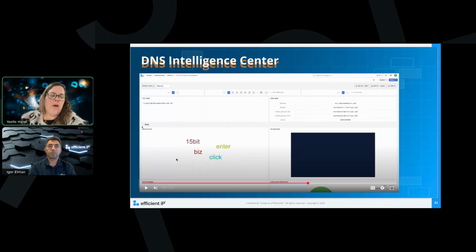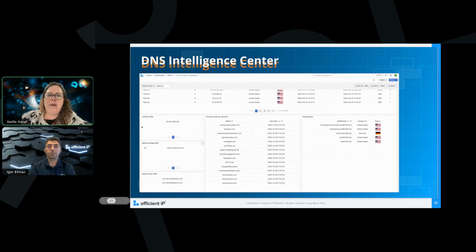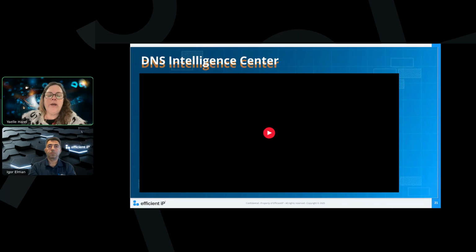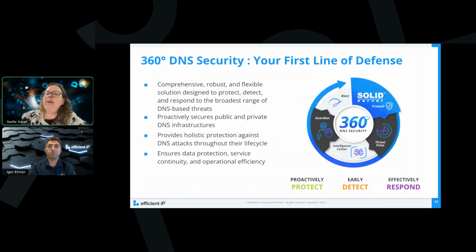If there is a web interface for the domain, you will have an analysis of the top words that you see in the domain, which helps you understand how malicious or suspicious this domain is. And you have a screenshot. In this case, it's black, but we've seen some interesting websites hiding behind suspicious domains like that. So this is the DNS threat investigation in the DNS Intelligence Center product.